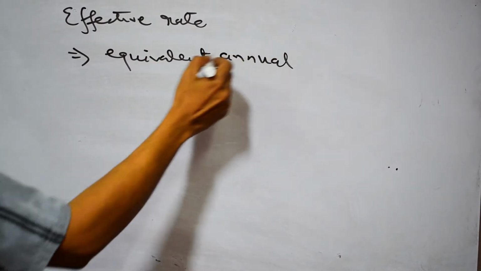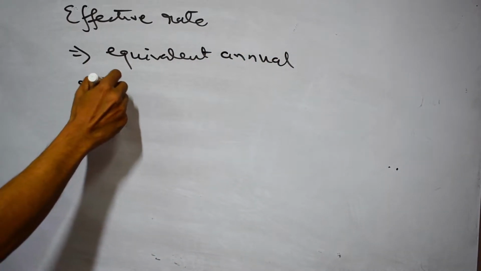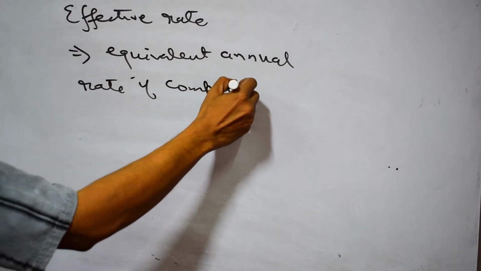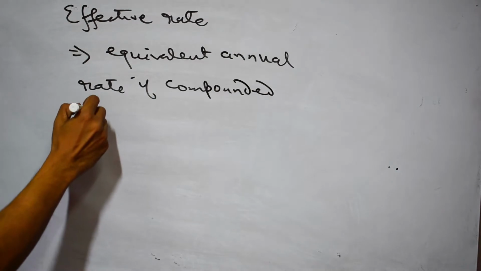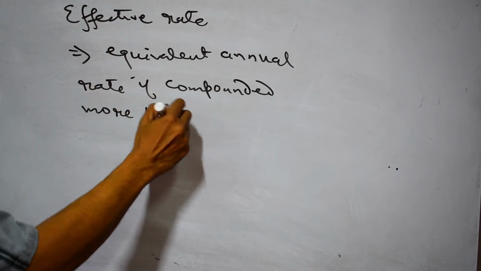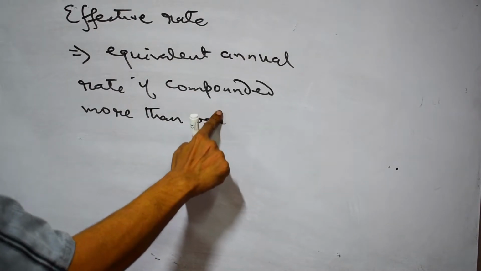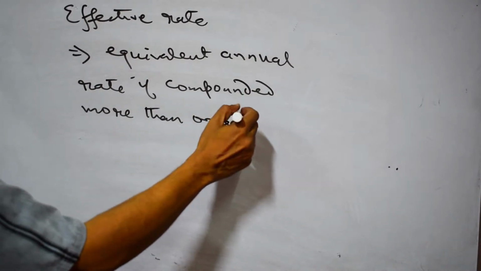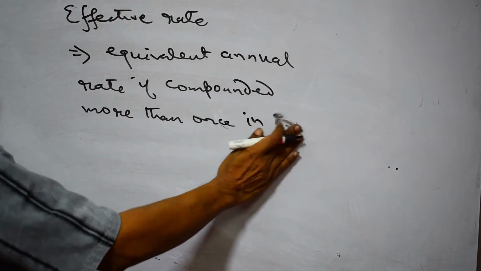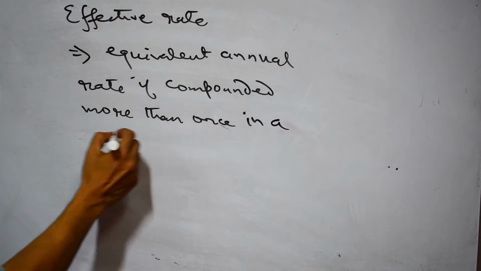Equivalent annual rate if compounded more than once in a year, that means half yearly or quarterly or monthly.